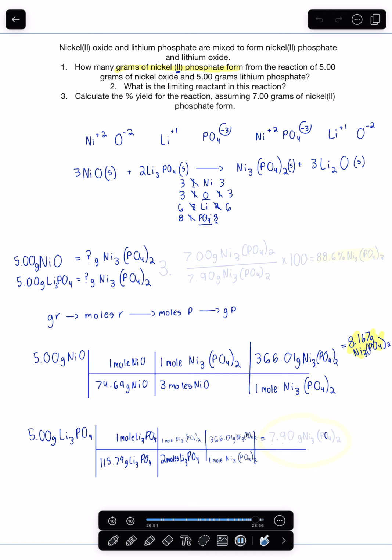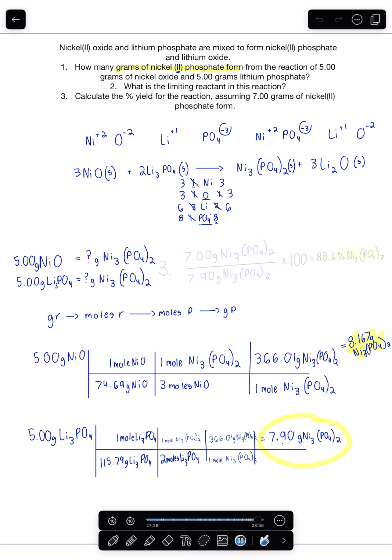All right, so the answer to this one is 7.90. Again, using the correct sig figs, so 1, 2, 3, just like the 3 sig figs in the question. And then we're going to put nickel phosphate, obviously, as a unit beside it. So this will be our theoretical yield and our limiting reactant in this scenario.